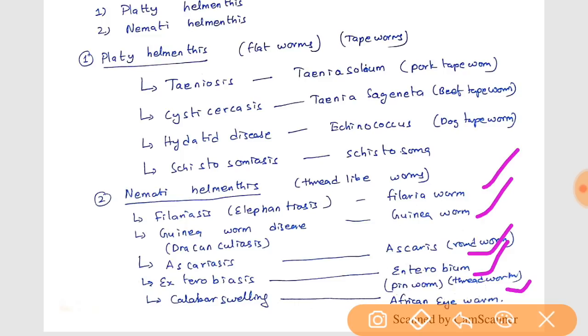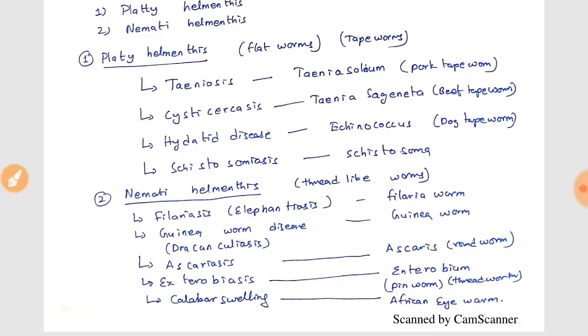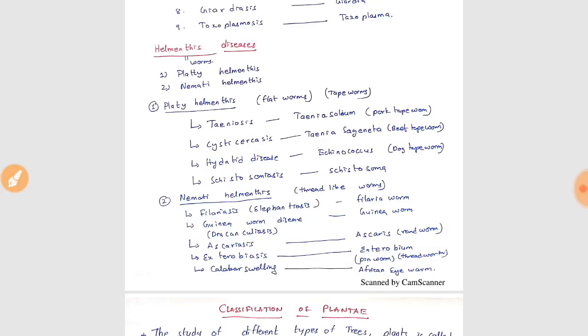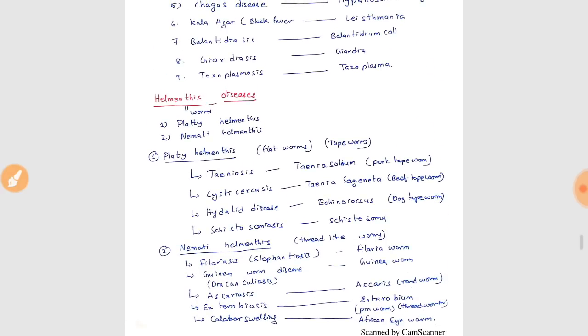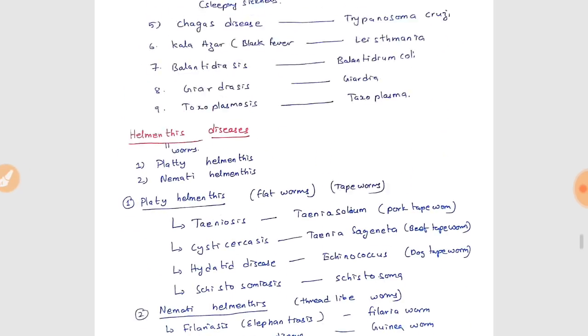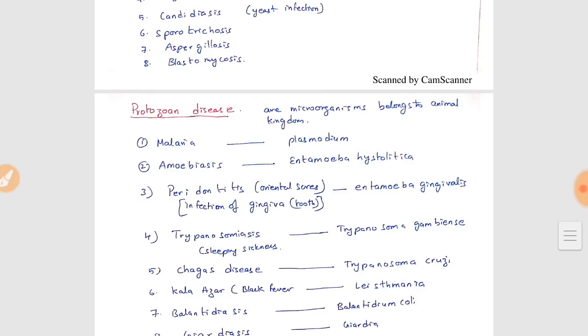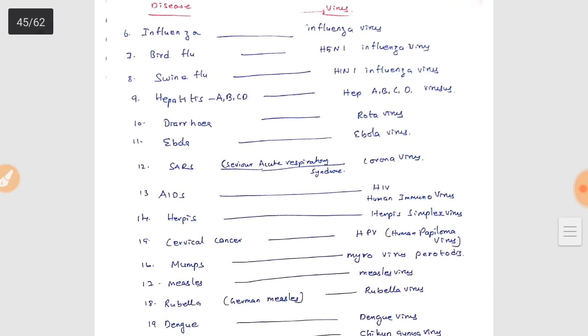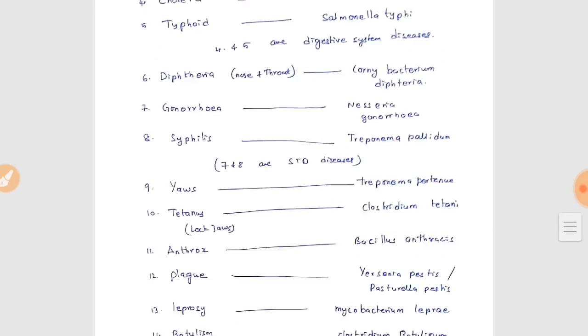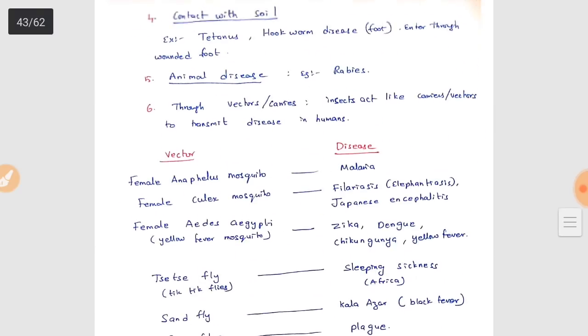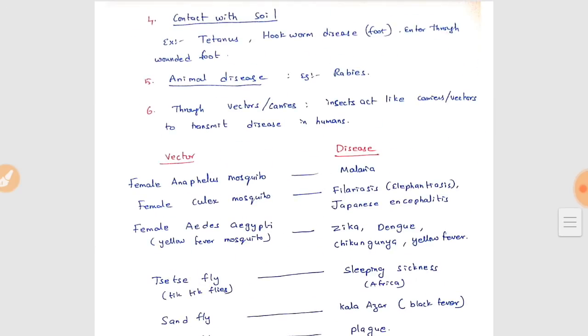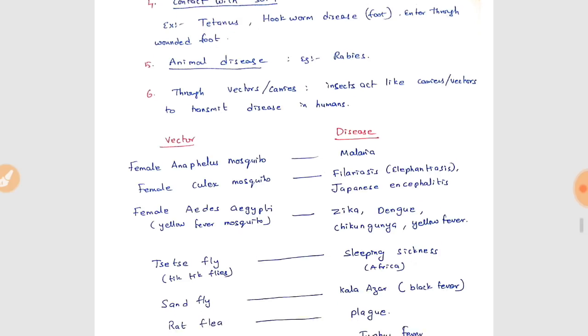So I have vastly covered all the diseases, friends. See here, the diseases caused by helminthic, that is worms, the diseases caused by protozoan, fungal diseases, virus diseases, and bacterial diseases, and vector causing diseases, and what vector causes which disease. So this is very important.